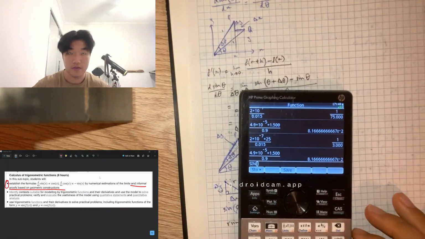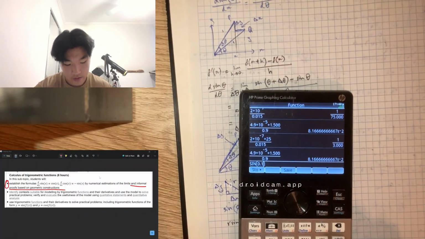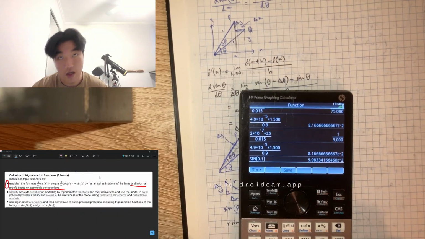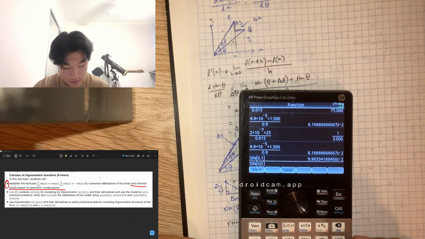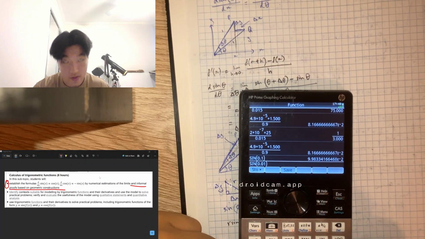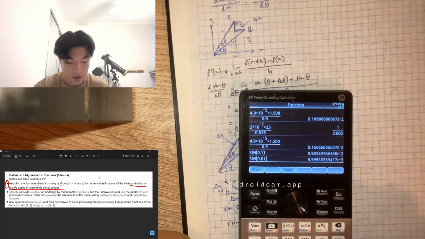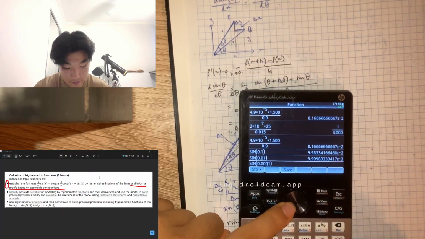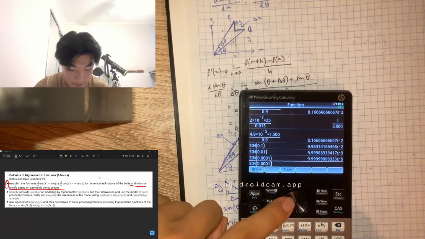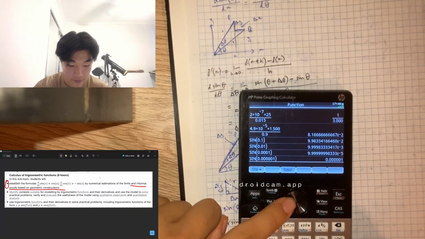As the angle decreases. So if I sub in 0.1, we get a small value. Okay, that makes sense. The angle is small, and we subbed in, and we get a small value in return. What about if we keep increasing it? Okay. What about more? What about even more?